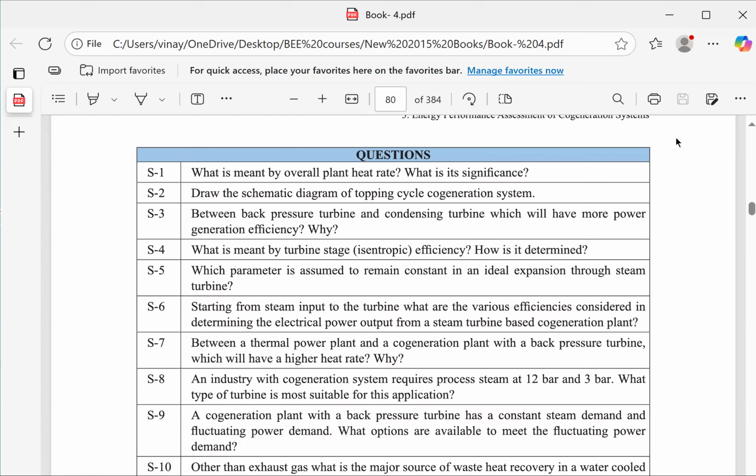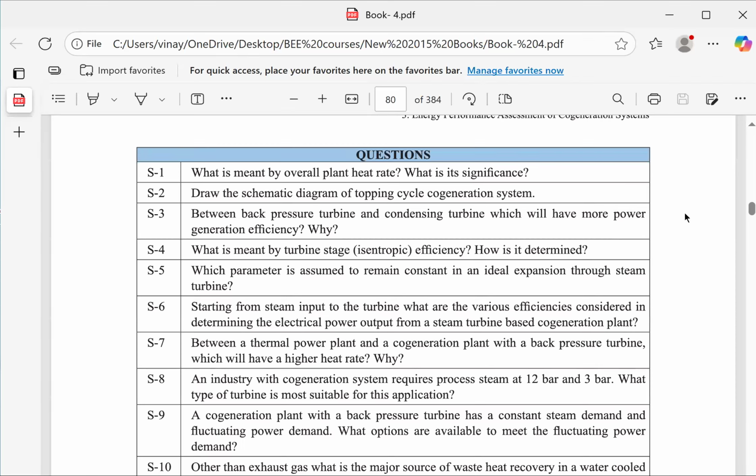It enters at say 150 kg and goes to the condenser at negative pressure. So the largest portion of the steam is used for generating power. So it is profitable to use a condensing turbine for electrical generation.